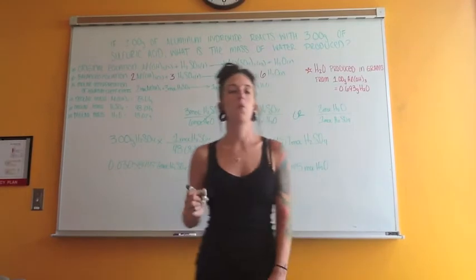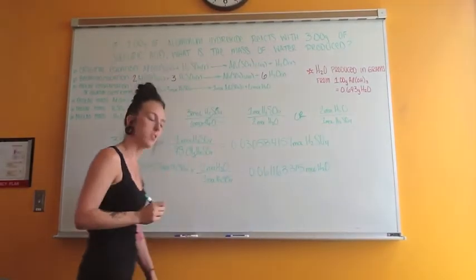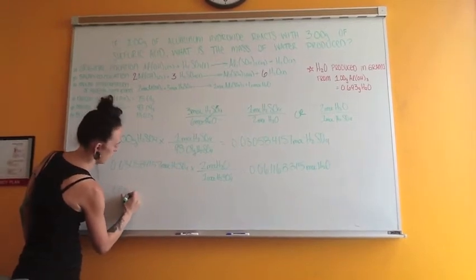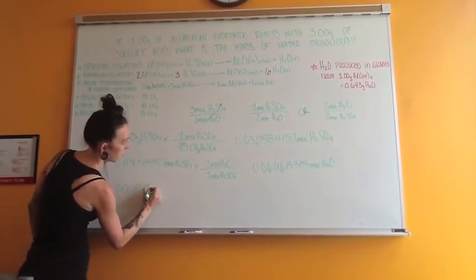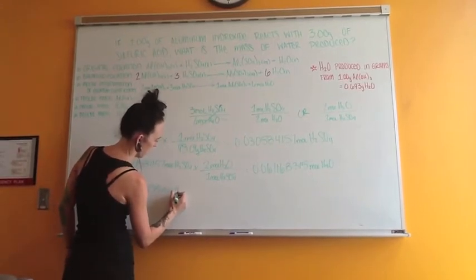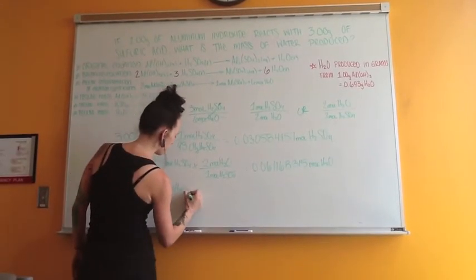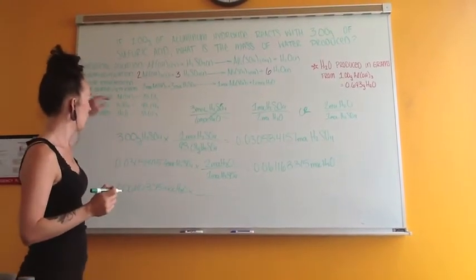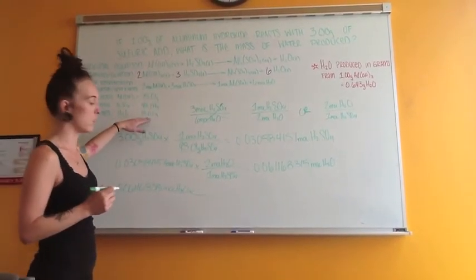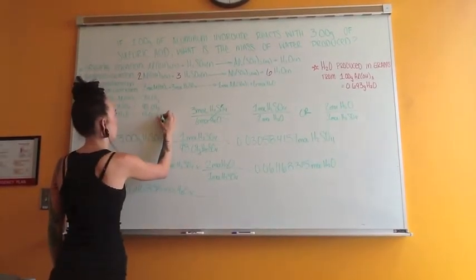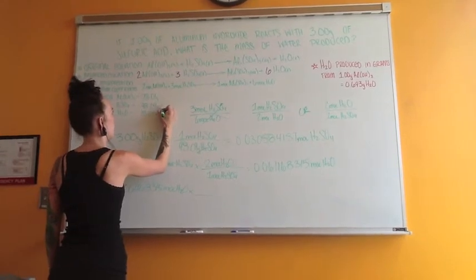Now we want to transfer those moles of water into grams of water for this one as well. So last line, promise. And for this we are going to use our molar mass again. Of water this time is 18.02 grams per mole. We'll just put that in there now.